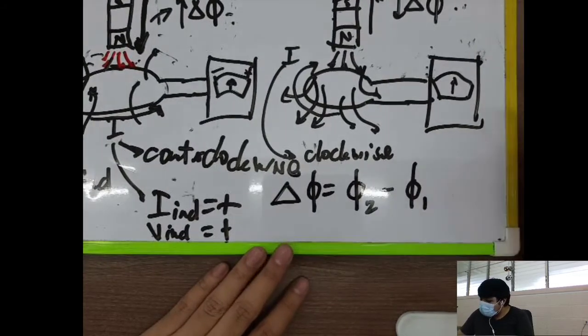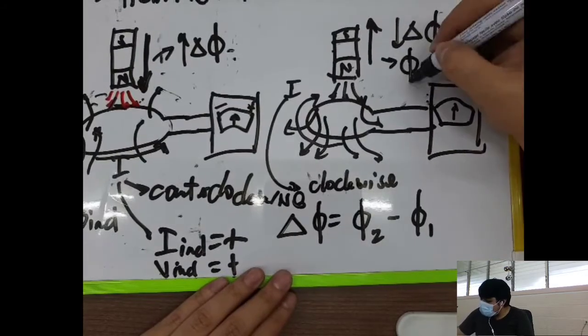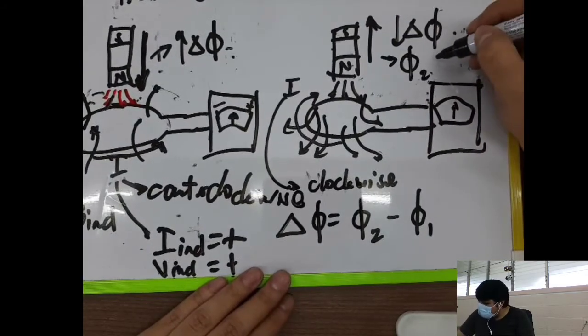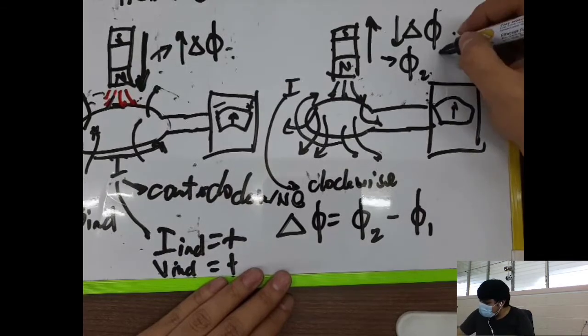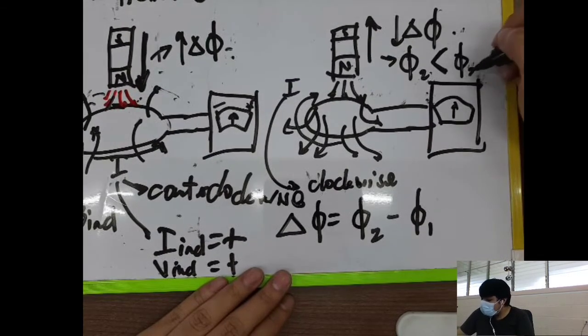Since in this direction, if you're going away, the magnetic flux after the movement will be lower than the magnetic flux before the movement.